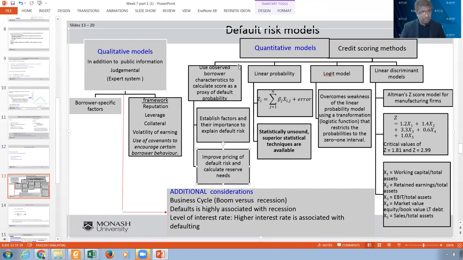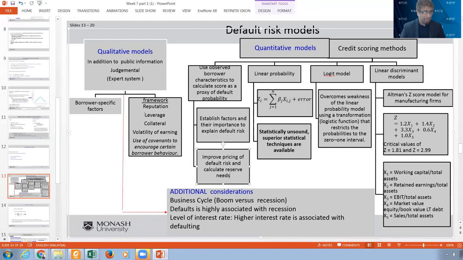This is the quantitative part, but we also bring qualitative issues into the picture, like the reputation of the company. Old companies have an advantage because they have been in the market for a long time, so everybody knows them.